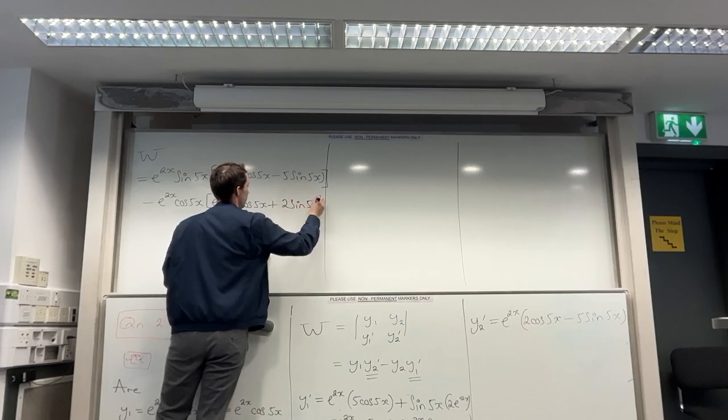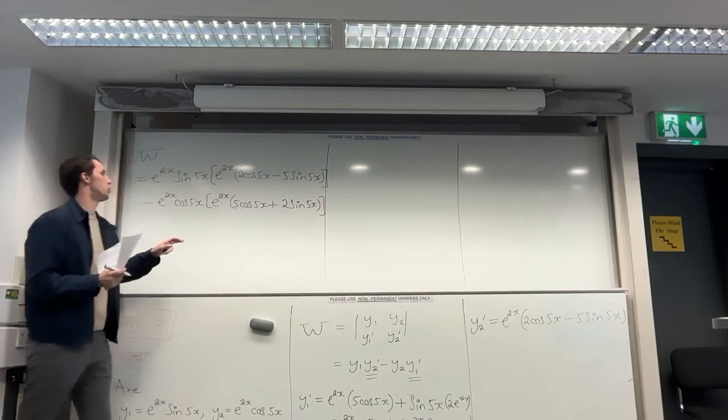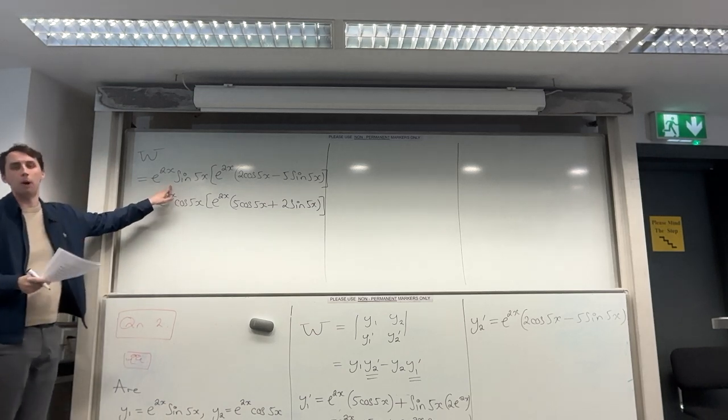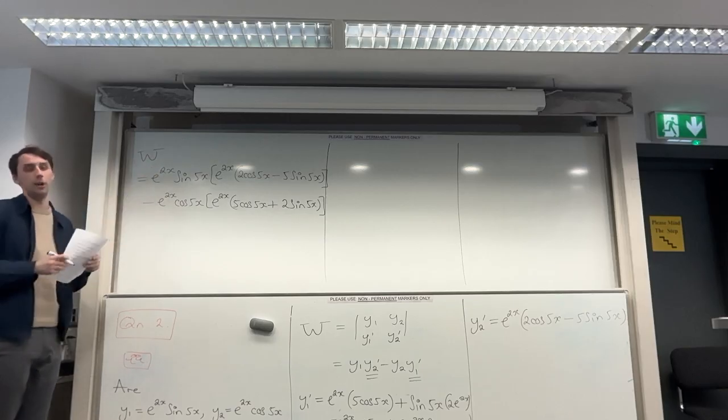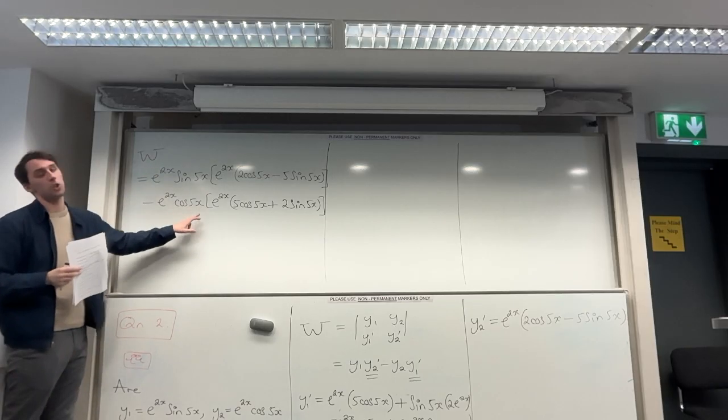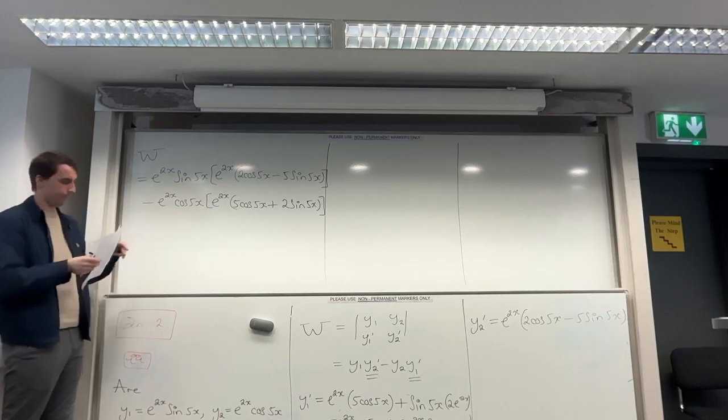All I've done here is substitute y1, y2, y1 prime and y2 prime into my earlier equation for the Wronskian. Now, all that remains is to work all of this out.